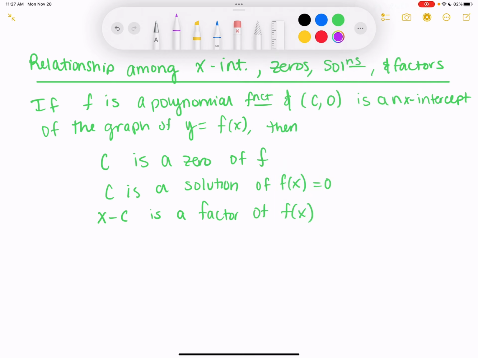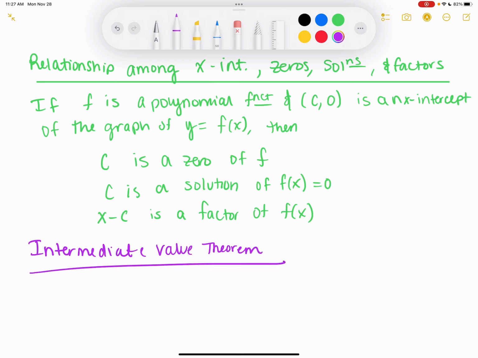All right, next thing is the intermediate value theorem, which we use a decent amount in calculus.